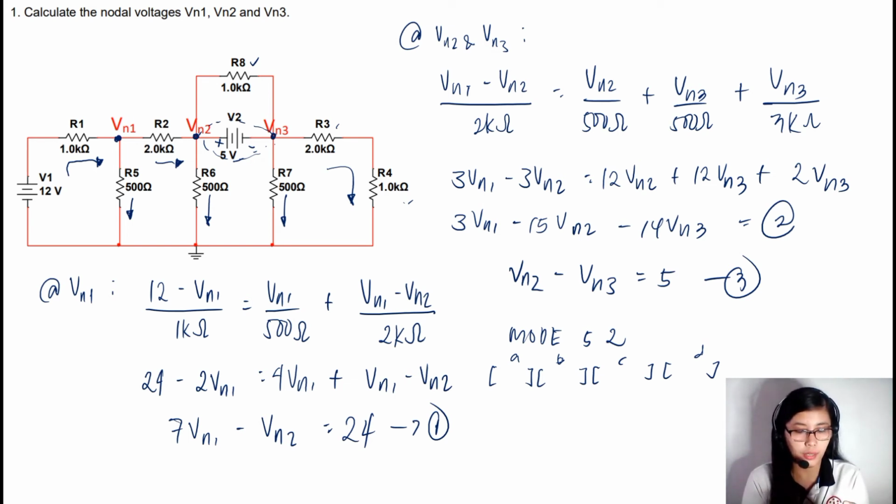7, negative 1, 0, and 24. Then 3, negative 15, then negative 14, and 0. Then for the third equation, we have 0, 1, negative 1, and positive 5.